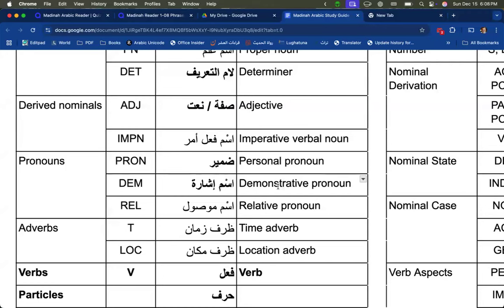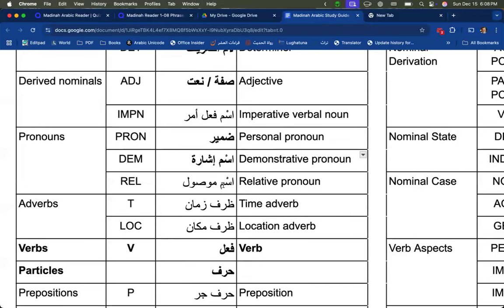You're pointing at something. اسم الإشارة. They're ism too. هذا هذه تلك ذلك are ism as well. Okay. اسم موصول. We recently did this one as well. Relative pronoun. الذي is called an ism موصول, an ism that connects.